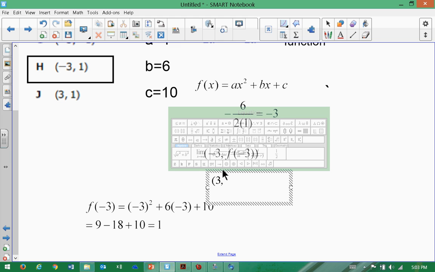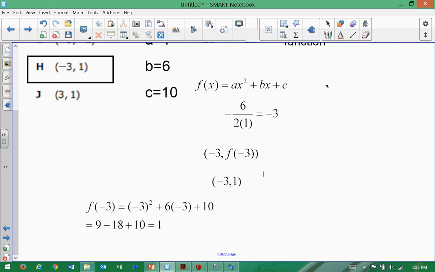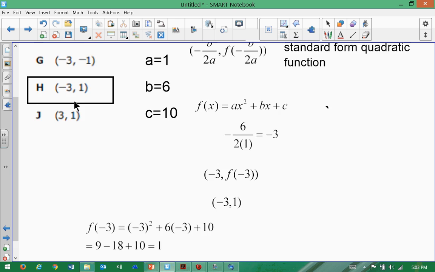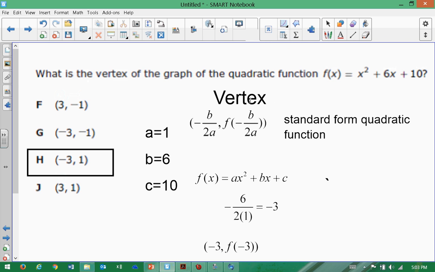So our answer to this question is the point (-3, 1). That gives us our vertex, and this is how you find it using what we call the vertex formula.